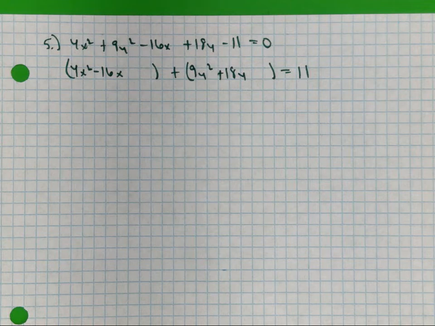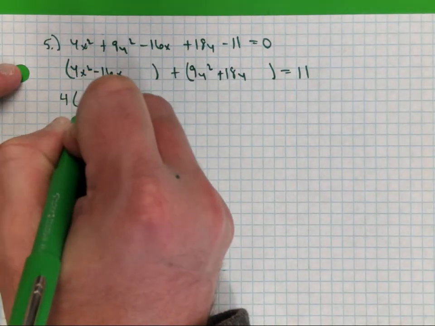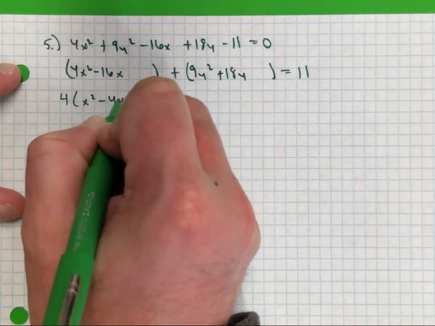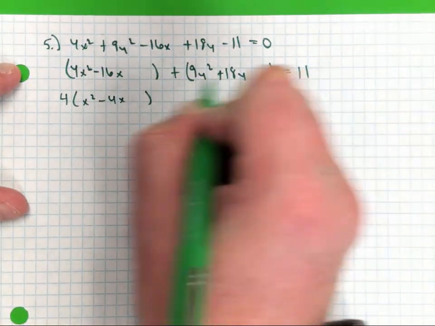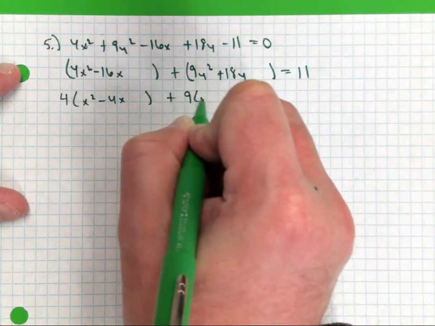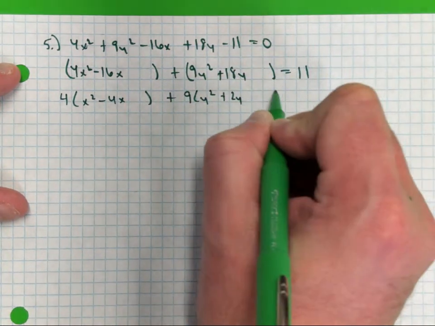Now this one right here, if you look at that first parentheses, what do you notice is in front of x squared? 4. When we did completing the square, what needed to be there? A 1. What can I take out of 4 and 16? 4. So I'm going to take out a 4 there. What can I take out of this y over here? A 9.